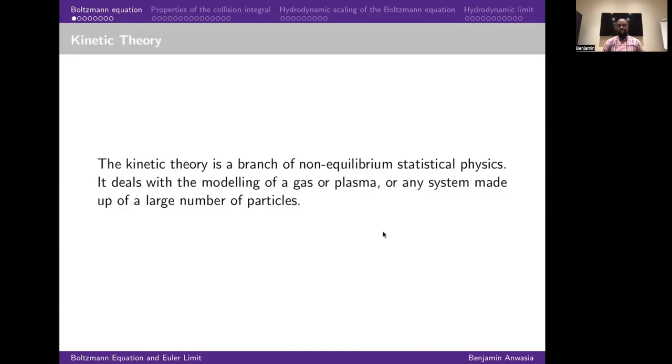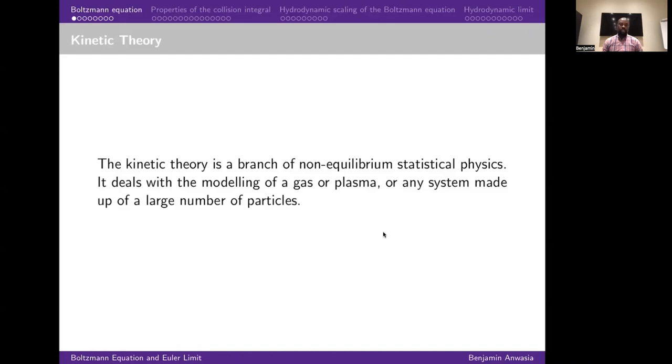In the kinetic theory of gases, the Boltzmann equation is the model that governs the evolution of the distribution of molecules in a perfect or ideal gas. The unknown of the Boltzmann equation is a non-negative function f that depends on t, x, and v, called the velocity distribution function.